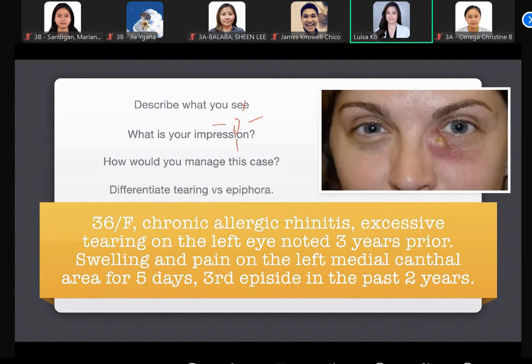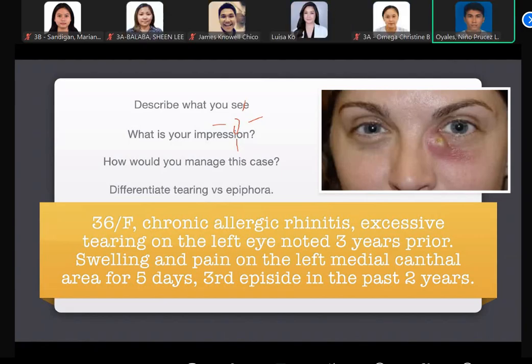Okay, so good to note what the difference is between tearing and epiphora. That's okay. For excessive, Doc. Yes, excessive tearing is when there's excess production. Epiphora means there's an overflow. So if you have a patient complaining of tearing, you have to differentiate what the underlying pathology is.